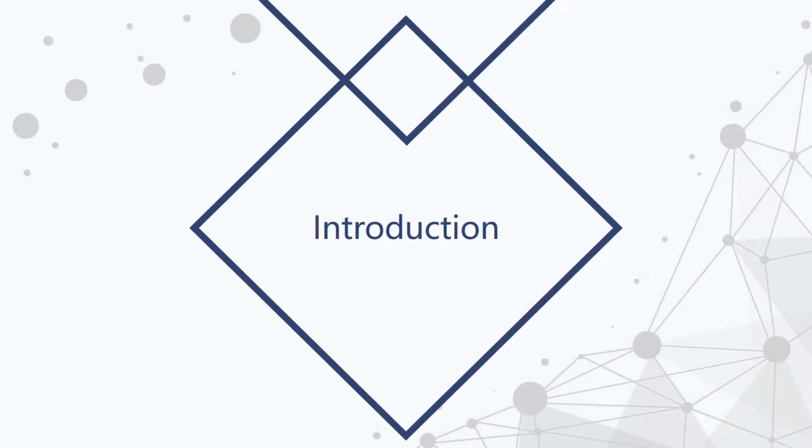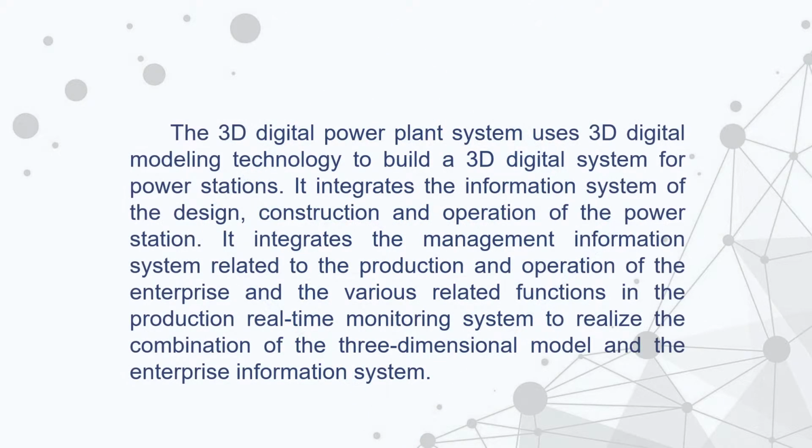The first part is the introduction. In this part, it makes a brief summary of my subject. The three-dimensional digital power plant system uses three-dimensional digital modeling technology to build a three-dimensional digital system for power stations. It integrates the information system of the design, construction, and operation of the power station.